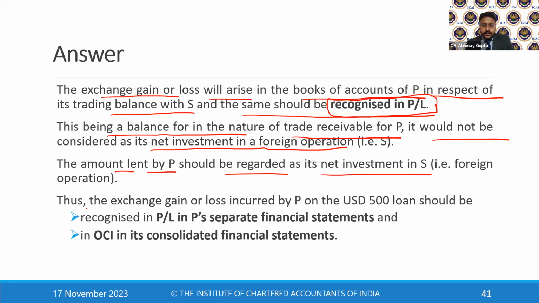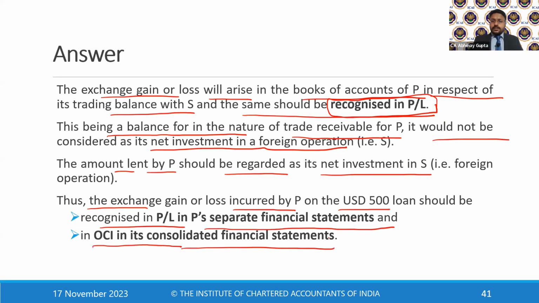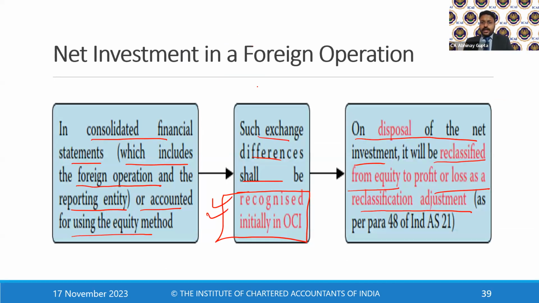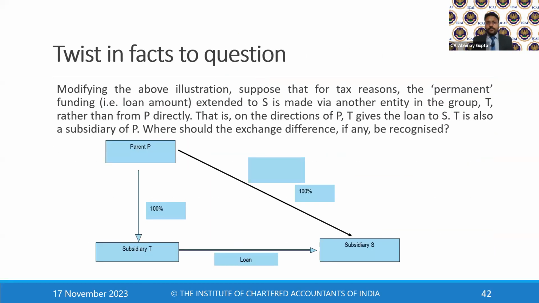Now, what we will do in this case, the exchange gain or loss incurred by P on the loan of USD 500 should be recognized in P&L in P's separate financial statements, because in separate financial statements, exchange gain or loss is always recognized in the P&L. Now, on consolidation, it will be recognized in OCI. We have already discussed on this slide that whenever the entity prepares the consolidated financials, all such exchange gain or loss will be recognized in OCI.